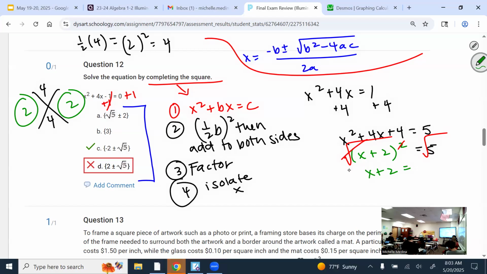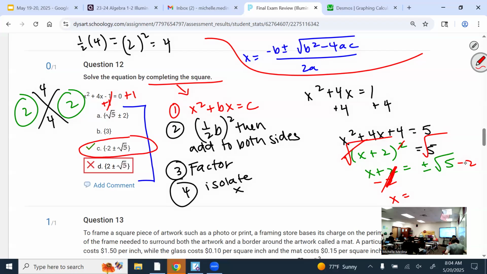On the right, it's just plus or minus the square root of 5, because technically you use that plus or minus anytime you're square rooting. And then instead of adding 2, what do I do? Subtract 2. And then the answer option that matches that is C.